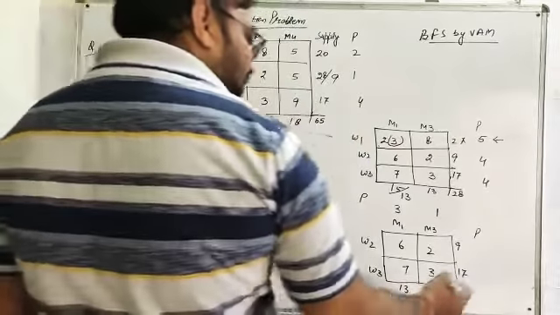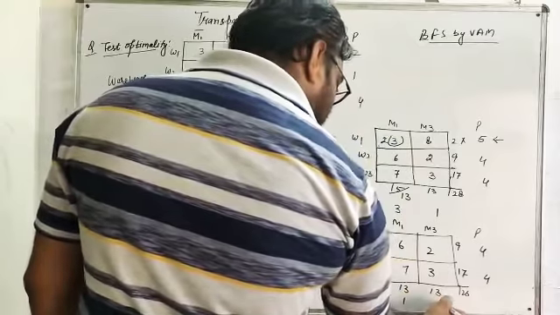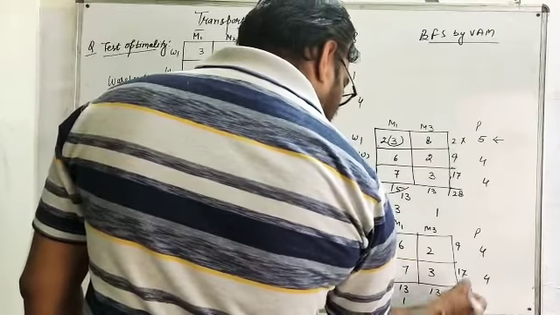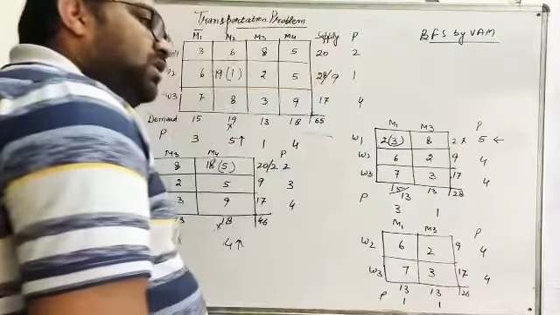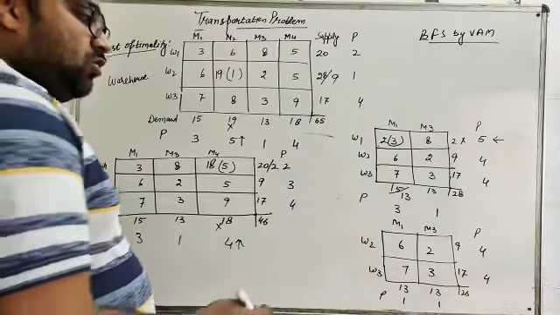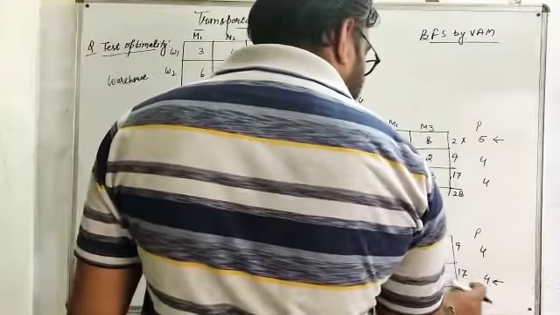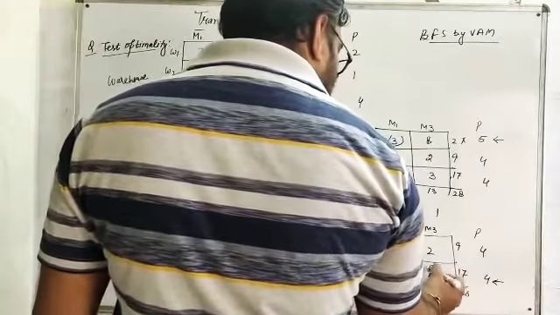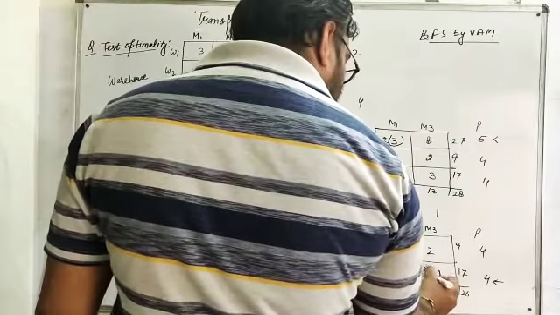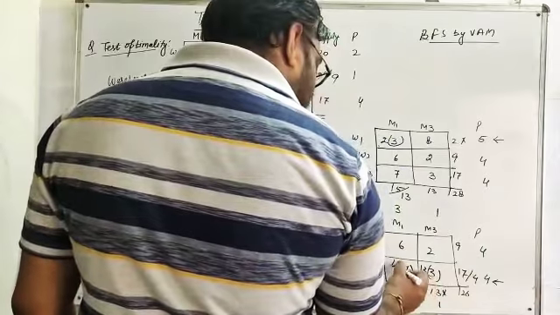Again find penalties: 4, 4, 1 and 1. The maximum penalty is 4 and 4 is at 2 places. The corresponding demand or supply is 9 and 17. So the maximum is 17. First we have to fulfill this 17 at this minimum element 3. Put 13 on it. What is remaining? 4.